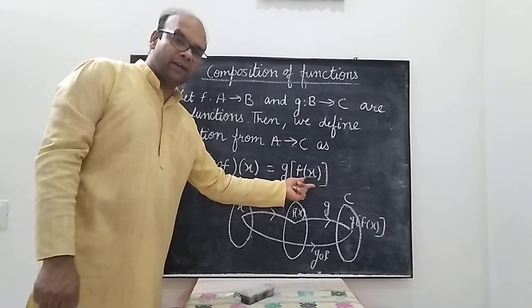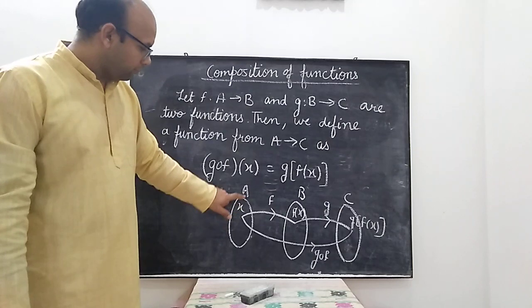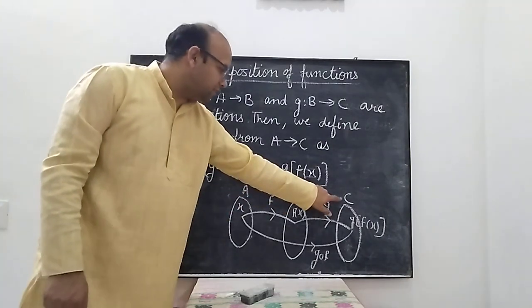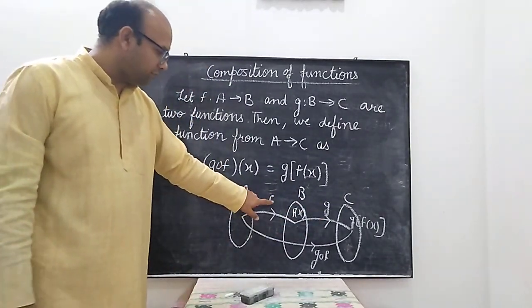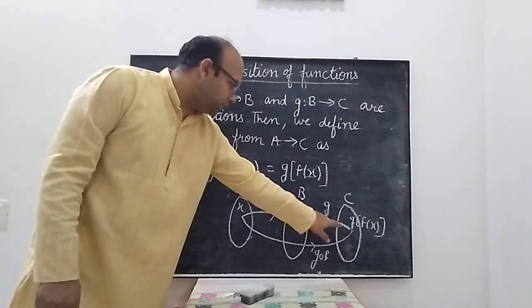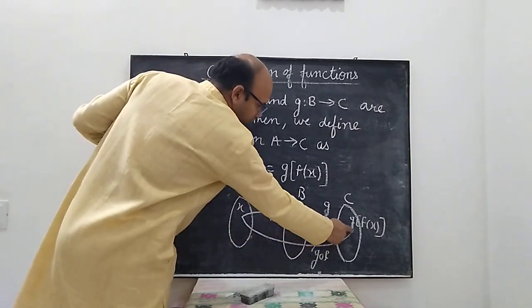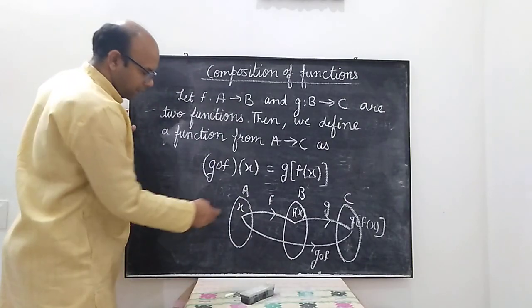Now, in diagrammatic form, we can study that A, B and C are three sets. Then, if we define a function f from A to B, a function g from B to C, then we can always define a function gof from A to C as follows.